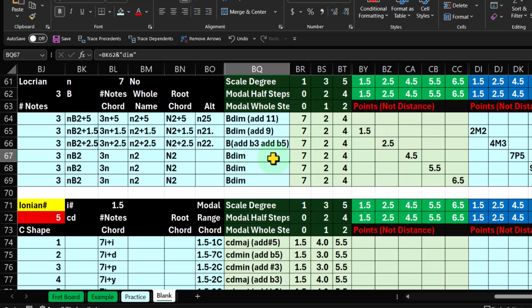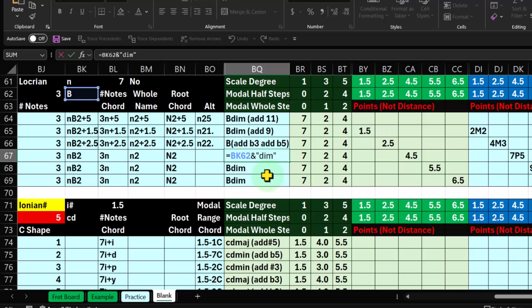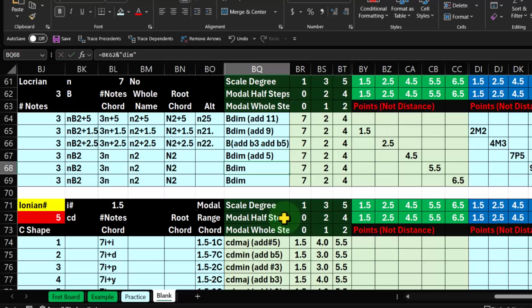It's weird, but you can imagine doing that, and then, what are you gonna name it? It'd have to be a B diminished add 5. The diminished already had a 5 because it's a flat 5, and then you're adding a normal 5, right?